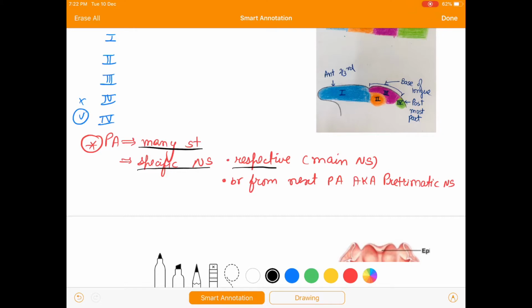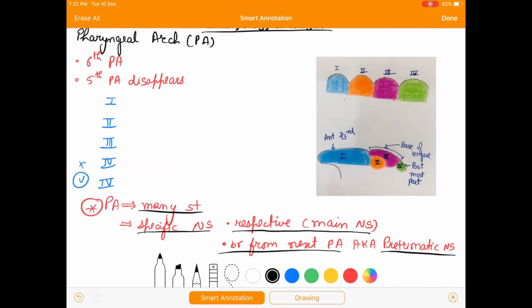Each pharyngeal arch gives rise to many structures and has a specific nerve supply. First is the respective main branch or main nerve supply, and a branch from the next pharyngeal arch, also known as the prétrematic nerve supply. Now let us see the main nerve supply. The first pharyngeal arch is also known as the mandibular arch, and its nerve supply is the mandibular nerve.